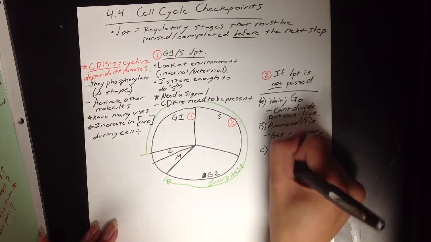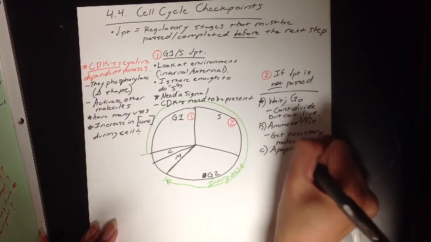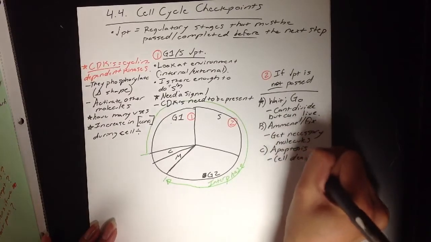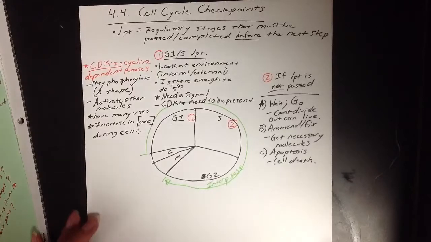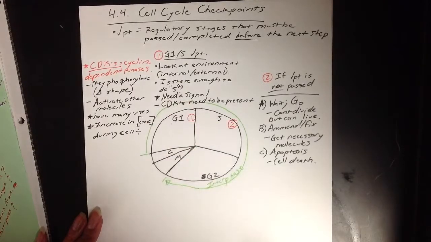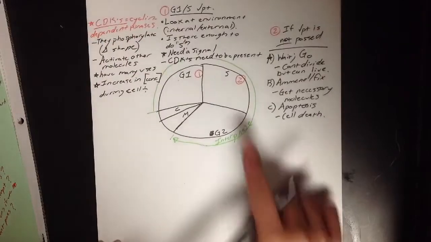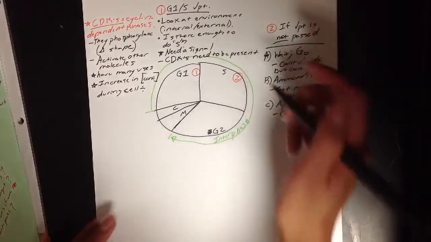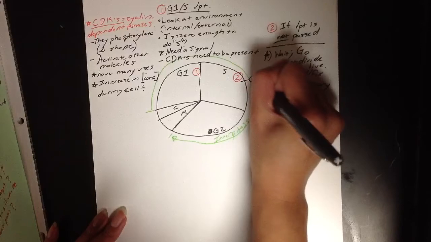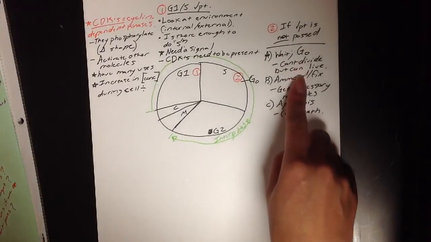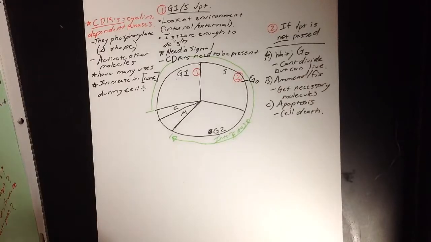Or C, the cell can go through apoptosis, which is known as cell death, especially if something besides just not having the right material is wrong with the cell. Okay? So it could go to G0, if for some reason it can't go on, but it can still function as the cell it is.